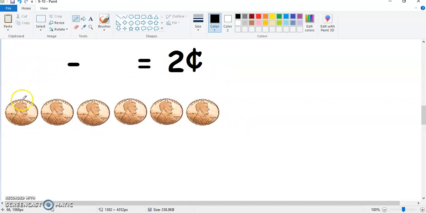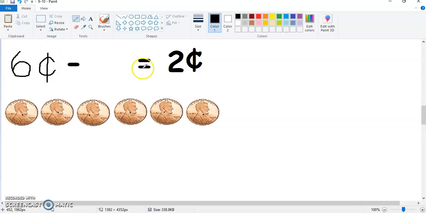That's how many in all. So let's go ahead and count how many in all. We have 1, 2, 3, 4, 5, 6. So we know it's 6, but what is it? 6 blocks? 6 cars? No, it's 6 cents. So we need to write the cent sign so that everybody knows it's 6 cents.